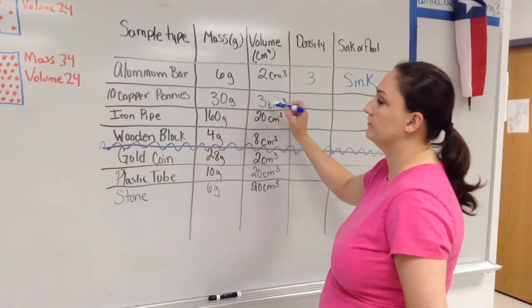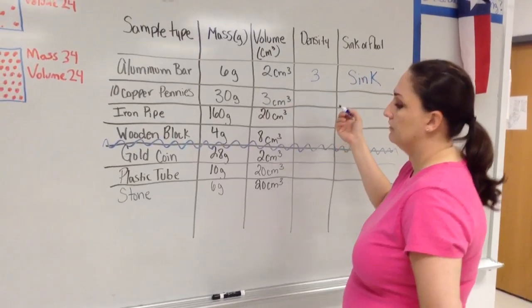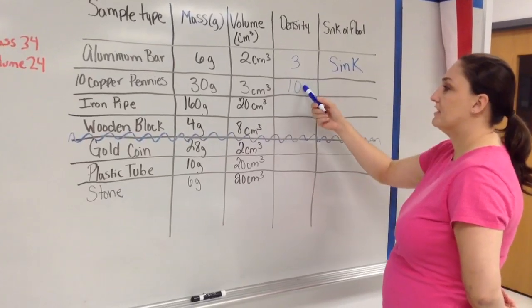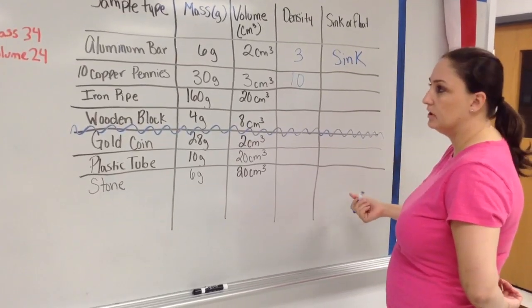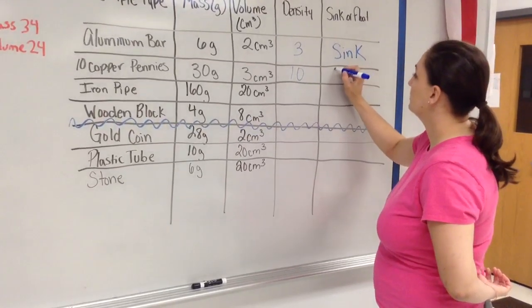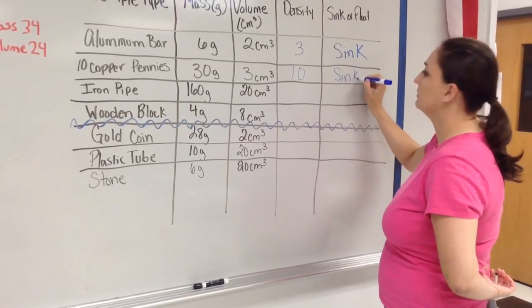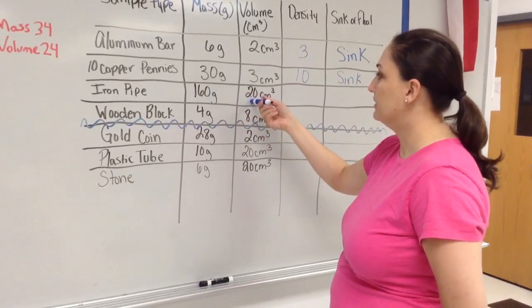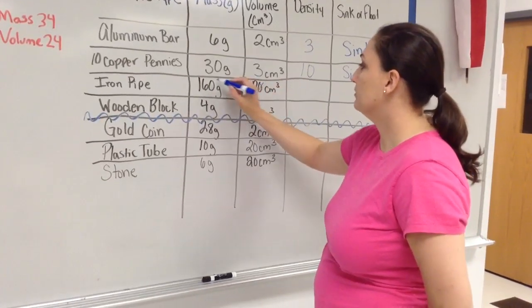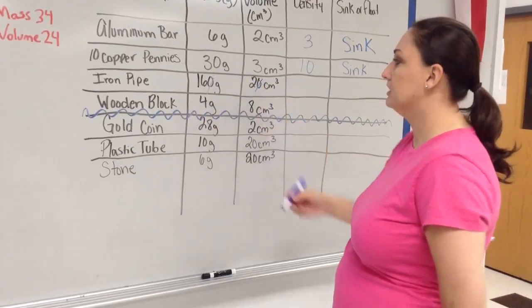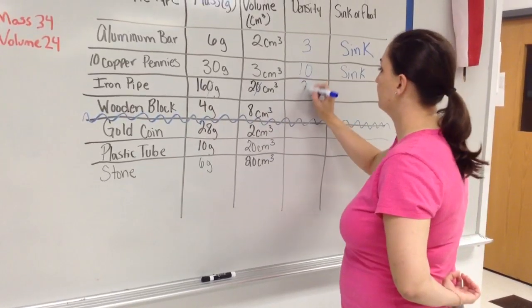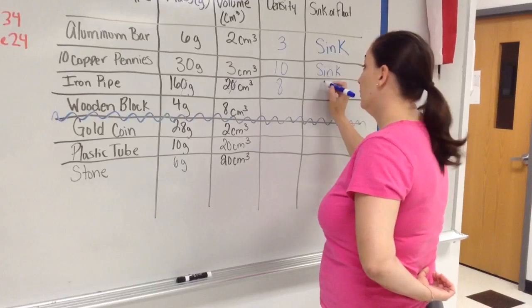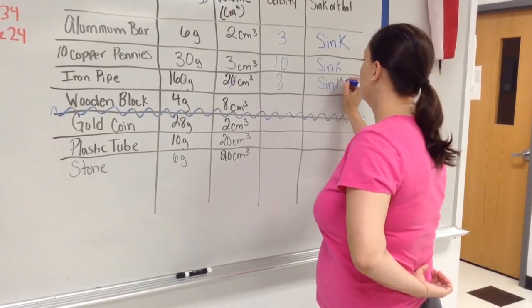So 30 divided by 3 is 10. Is 10 bigger than 1 or less than 1? Bigger. So it's going to sink. Same thing here, 160 grams divided by 20. We can just get rid of those zeros. 16 divided by 2 is 8. 8 is bigger than 1, so it's going to sink.